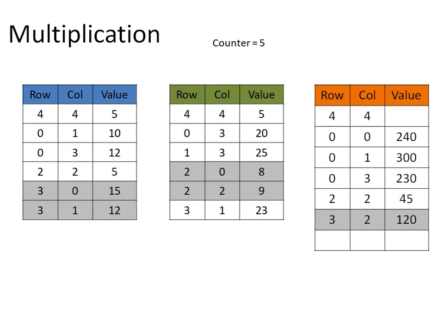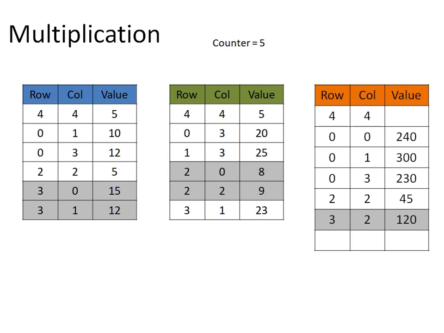Then for the third row of the first matrix, we have entries for columns 0 and 1 only. So here in the second matrix, we have columns 0 and 1 only with rows 2 and 3.